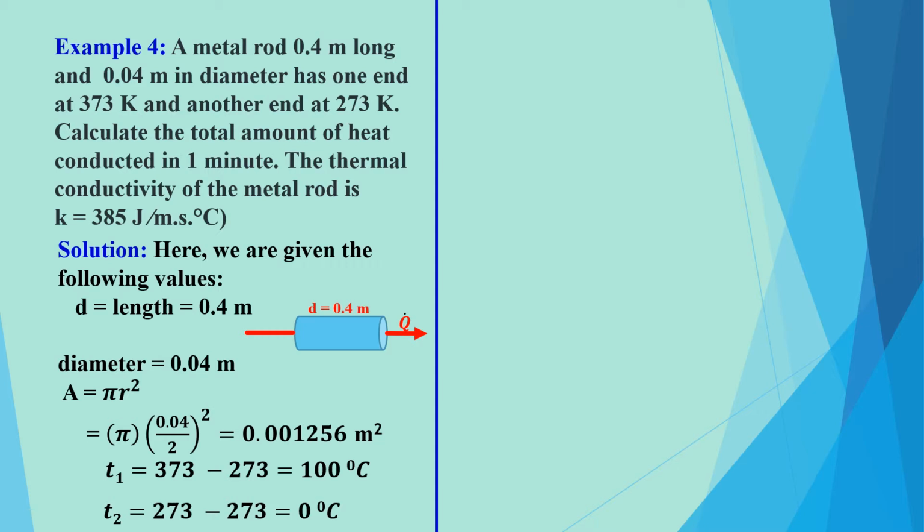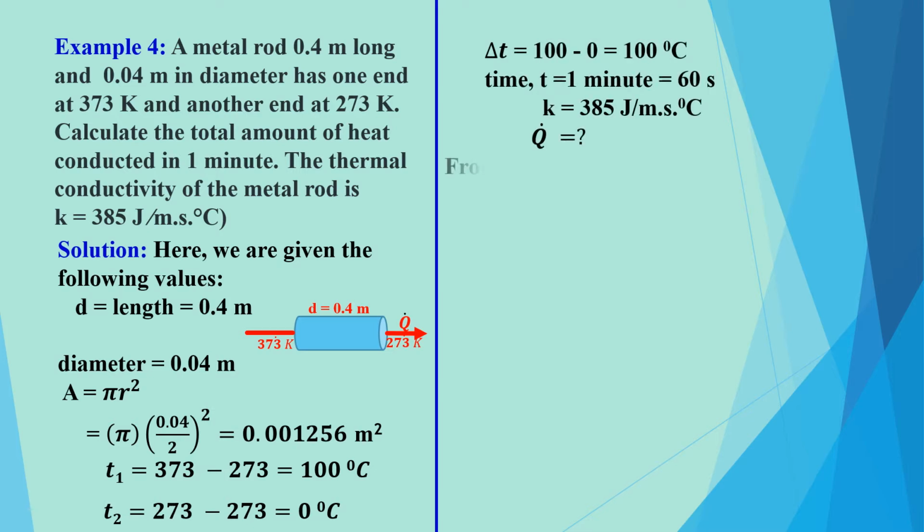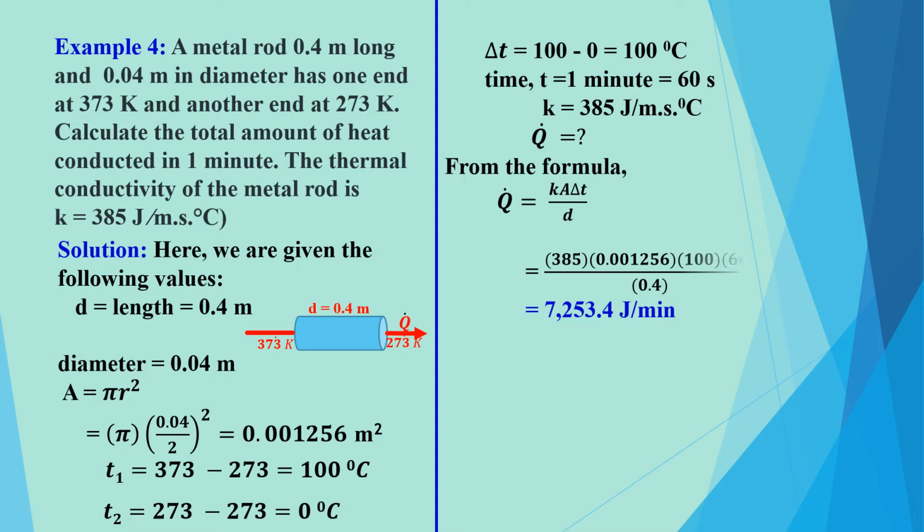So from this diameter, we can compute the surface area, which is pi r squared, which is pi times quantity 0.04 over 2, that is now the radius, squared. So the surface area is 0.001256 meters squared. The incoming temperature is 373 Kelvin. To convert this to degrees Celsius, we subtract 273, so that makes 100 degrees Celsius.